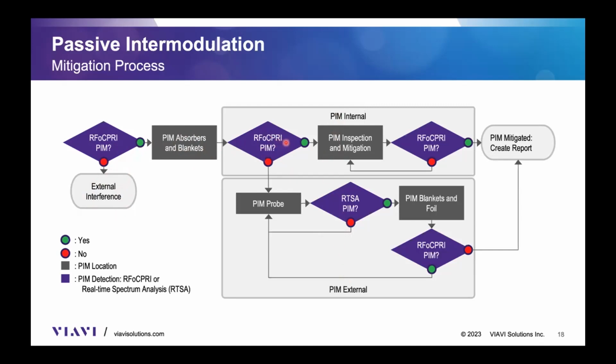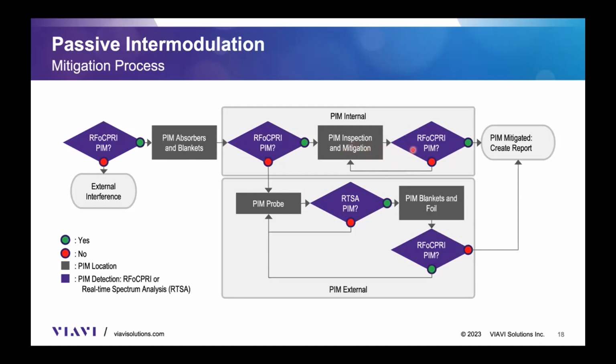So if we still have PIM when we put a blanket, then it's internal, and then we do a process of inspecting and tapping most of the times and checking the connectors to make sure that all of them have the proper torque, and that typically solves the problem. So this is just a loop until that PIM problem goes away.